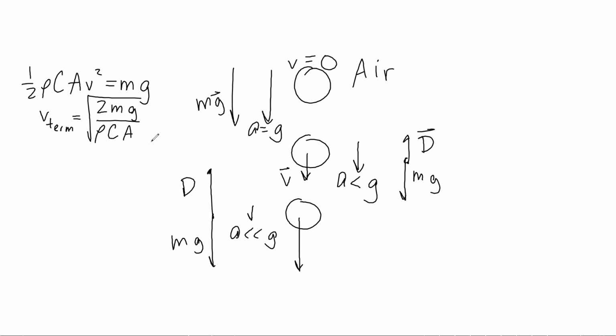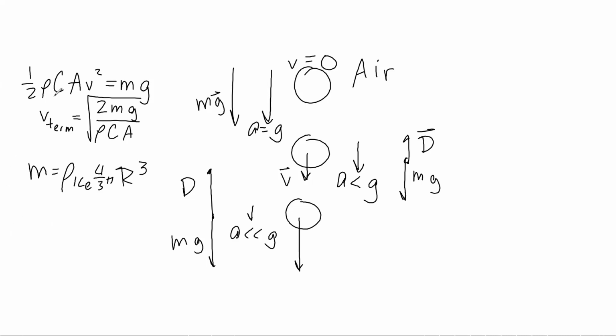Interestingly enough, if you model the hailstone as just falling in air that's not moving, in the numerator here, you have the mass of the hailstone. The mass of the hailstone is the density of ice times the volume of the thing. So there's 4/3 pi radius of the hailstone cubed. That cubed is important for what I'm going to say next.